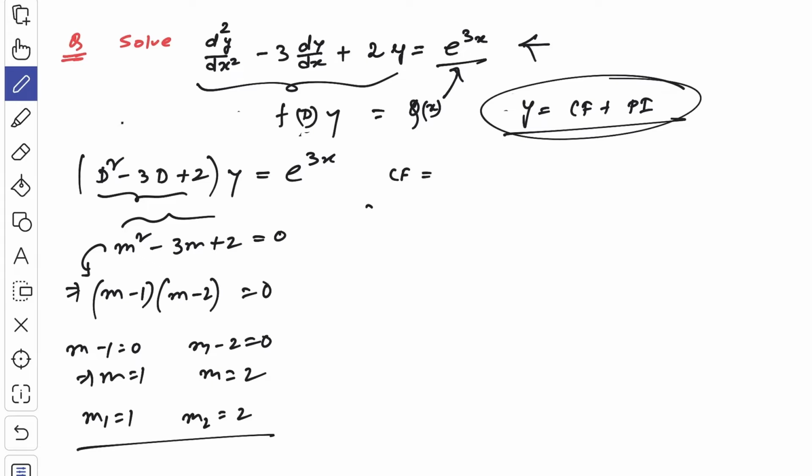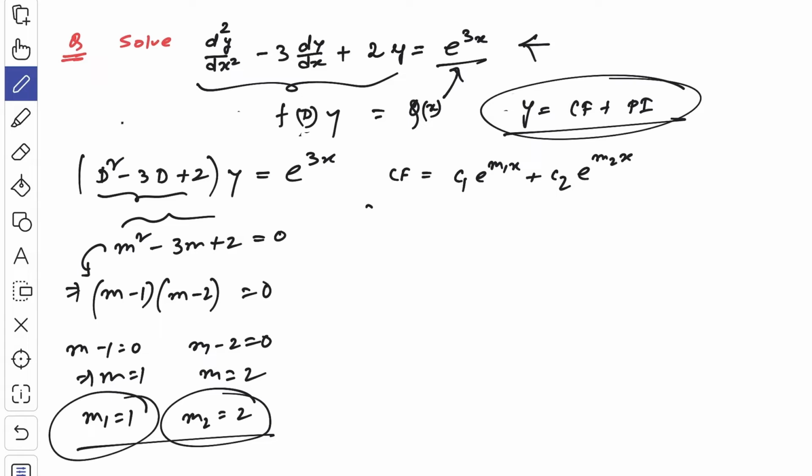If the roots are distinct and real, then CF is given by C1 e to the power m1x plus C2 e to the power m2x. Now let's put the values of m1 and m2, then you will get C1 e to the power x plus C2 e to the power 2x. So we have put these two values m1 and m2 here.